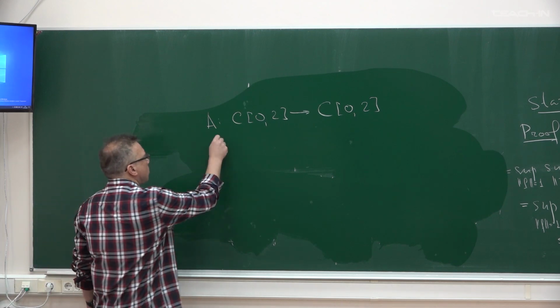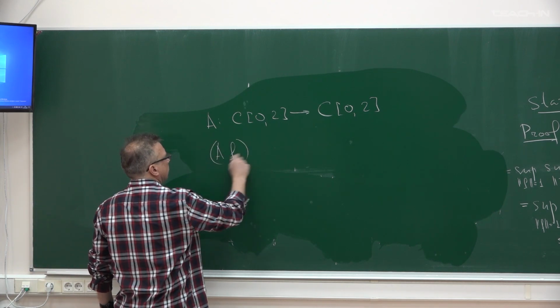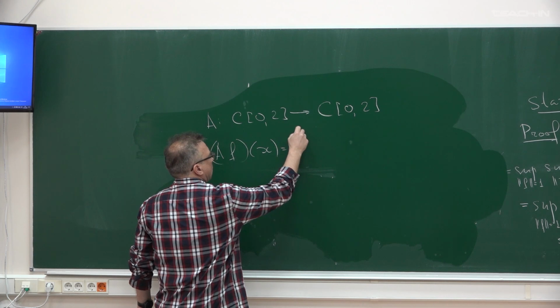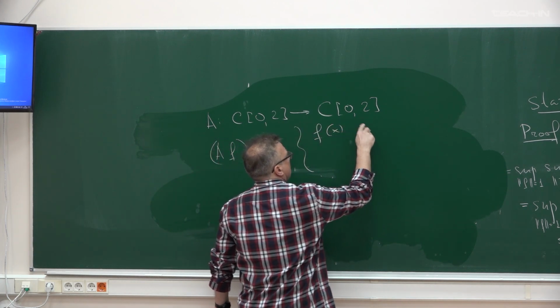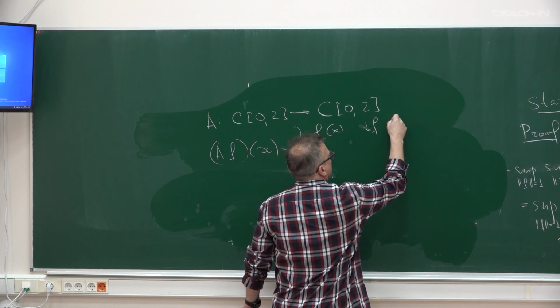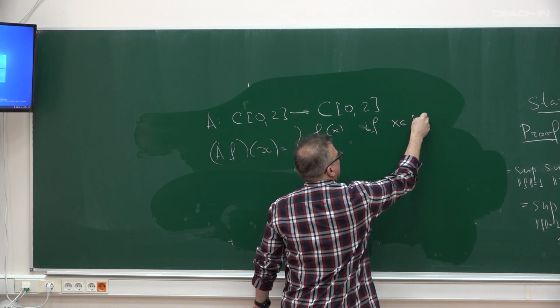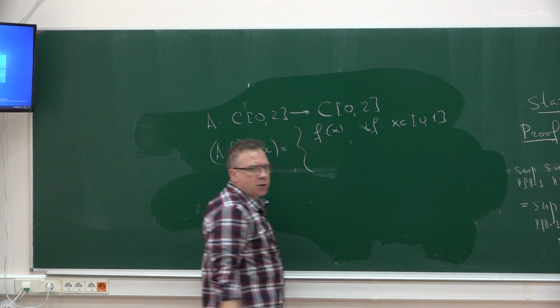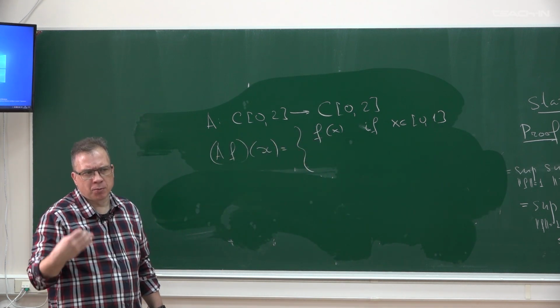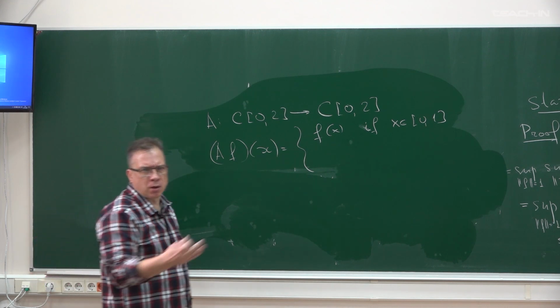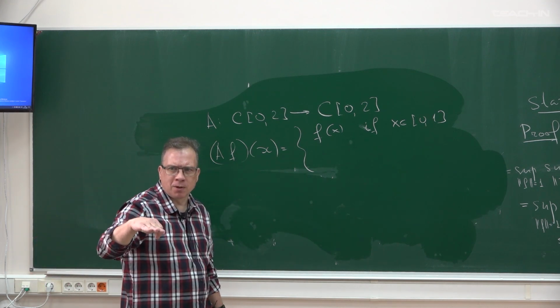What is the rule of this operator? It is the identity on the first half of the interval, and then we must obtain a continuous function, so it makes it constant.